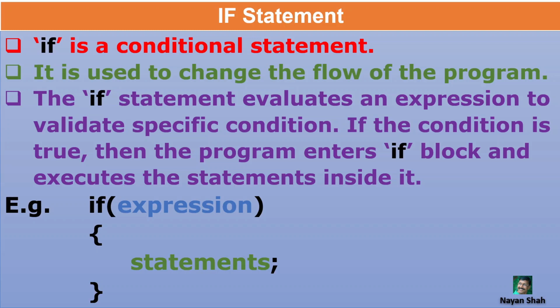And if the condition results in false, it will not execute those statements which are written after if. So that is the if statement, checking a condition and executing those statements only when the condition results in true. If the condition results in false, it will skip those statements. So it's a very useful statement.